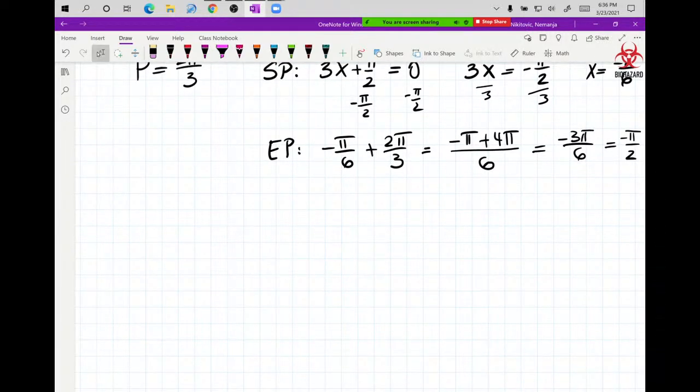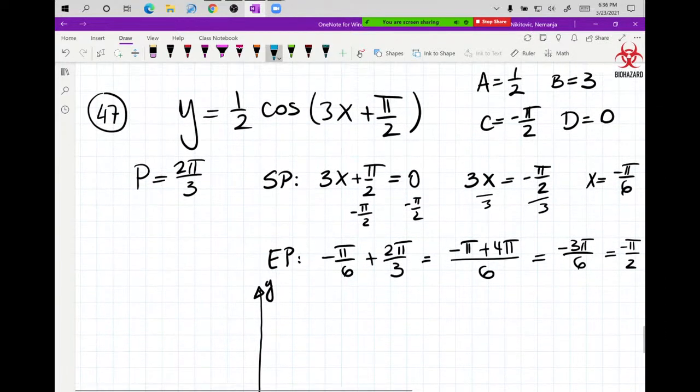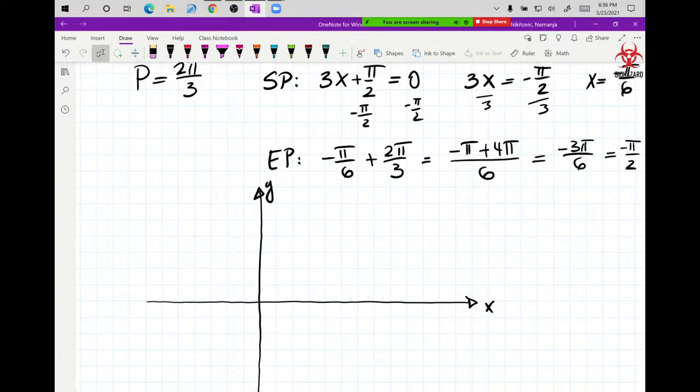Again, I have my middle line. That doesn't change. And we're going to put somewhere the y-axis. And we use the guidelines of amplitude is a half. Again, you can put 2 lines up, 5 lines up, whatever. Let's do 3 lines up. Why not?